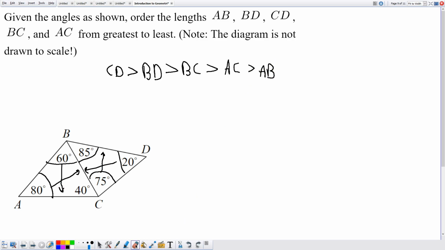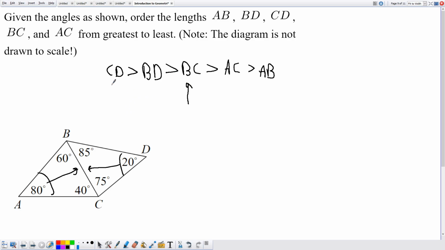So just be careful, because since the two triangles are matched together, even though BC is the greatest side of triangle ABC, it's still the smallest side of triangle BDC. So that is the trick to why BC is located right in the middle.